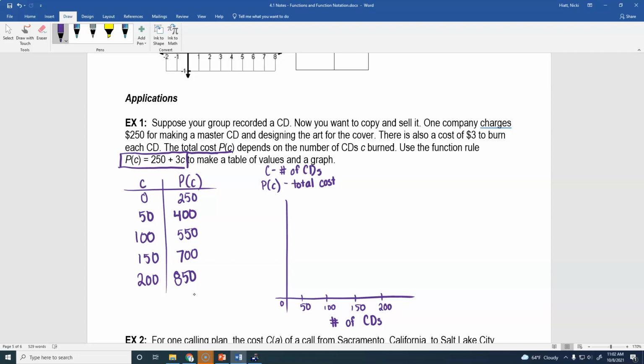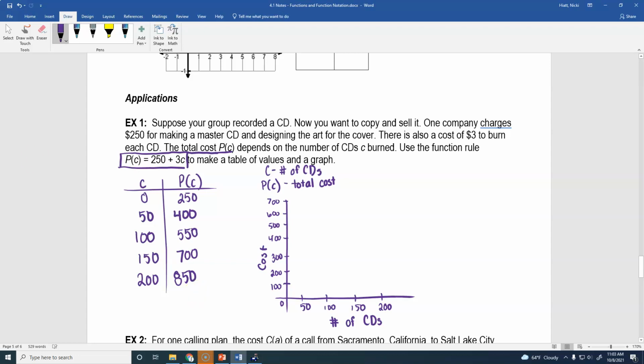And then to be able to fit everything here for the cost, I'm probably going to need to go up by 100 here because I don't think I can fit 50s up this way. So I'm going to do 100, 200, 300, 400, 500, 600, 700.